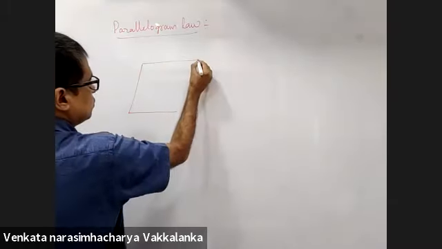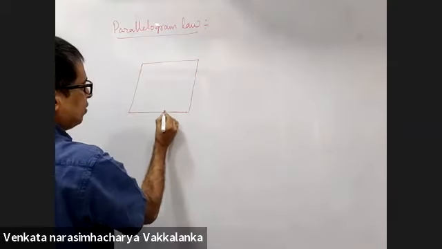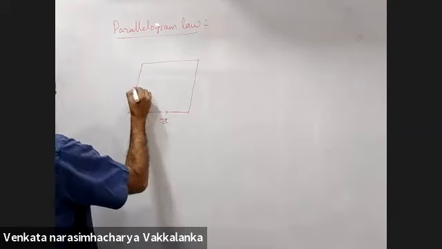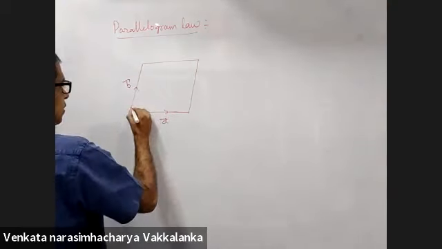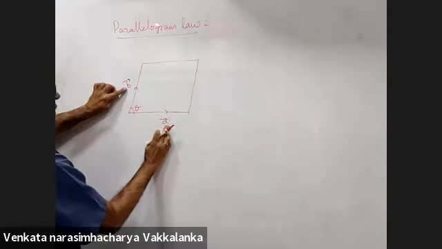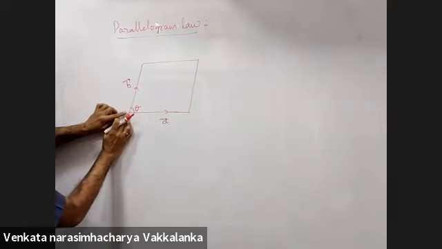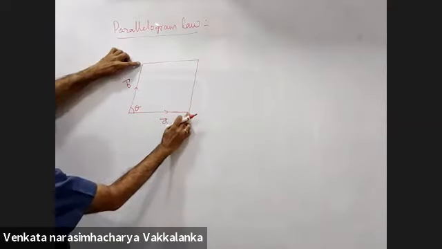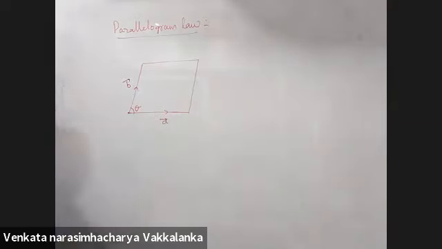Have a look at this. The parallelogram law of addition says, if this is A, this is B, and this is theta, two vectors are represented as two adjacent sides of a parallelogram drawn from a point.